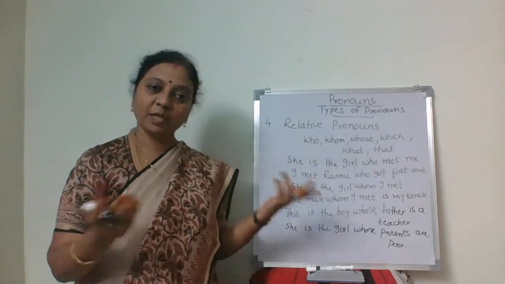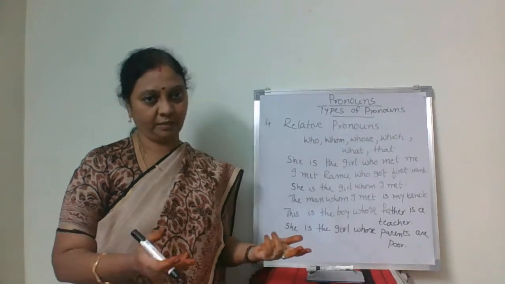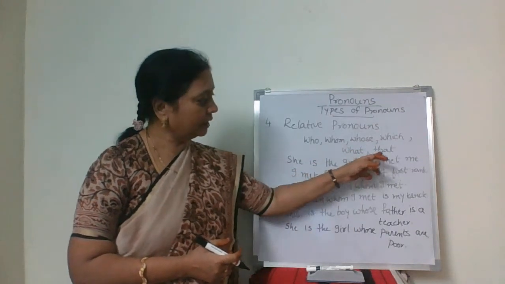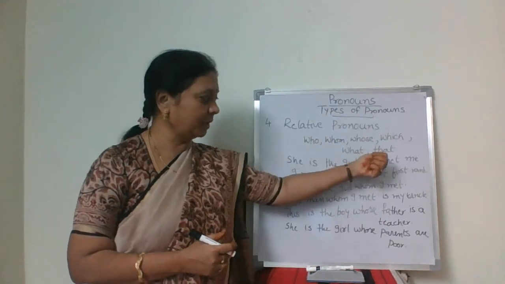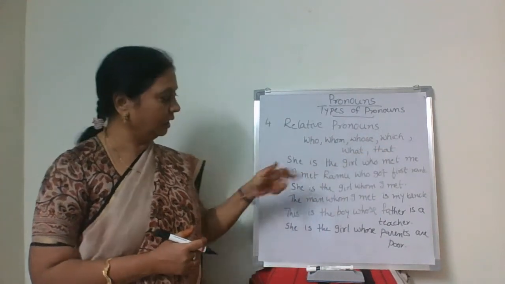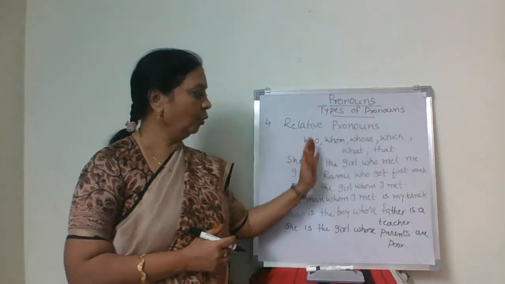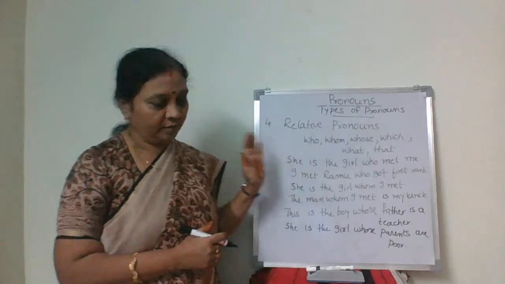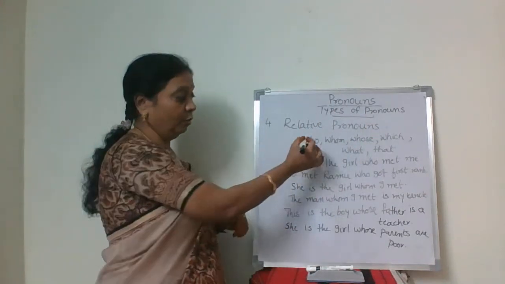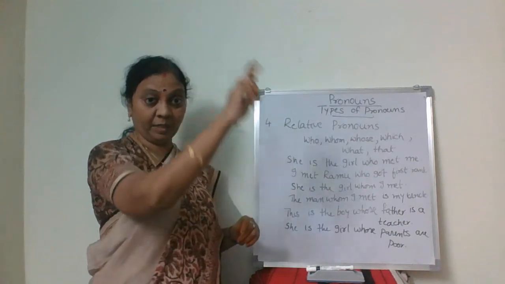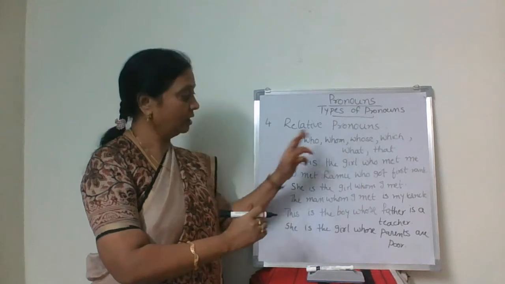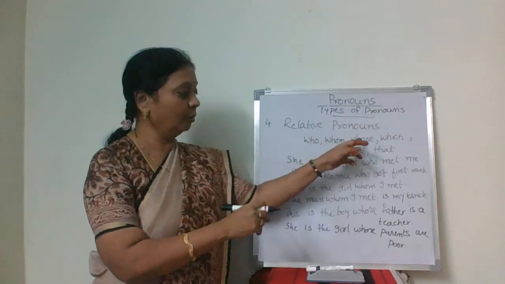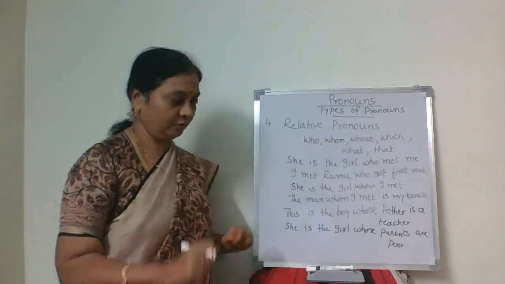What is also for non-living things or matter. That discusses both, which we will discuss in detail. But first we'll see who, whom and whose. They talk about persons. Who is the subjective case, whom is the objective case, whose is the possessive case, as in the table I showed the first time.